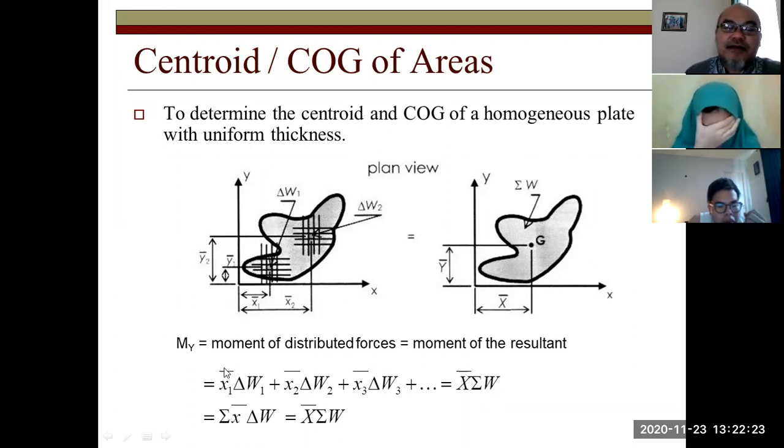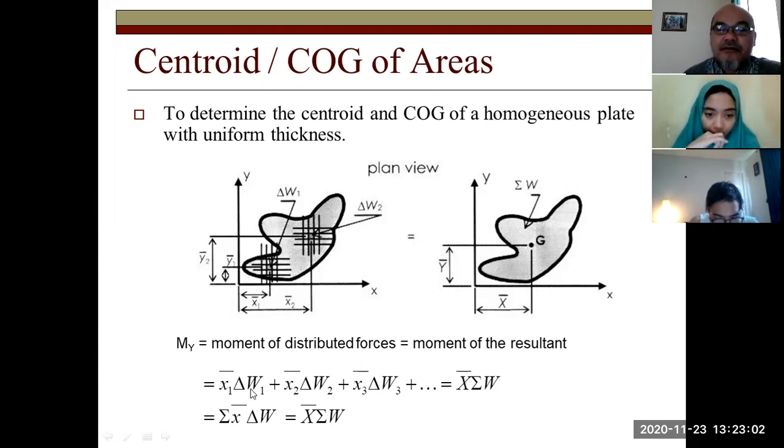So x1, the distance to element 1 within this plate, multiplied by delta W1, the weight of that small element 1, plus x2 delta W2 for element 2, etc., until xn Wn, equals the coordinate of the centroid, or center of gravity, multiplied by sigma W. Of course, here sigma W means the total weight of the plate.